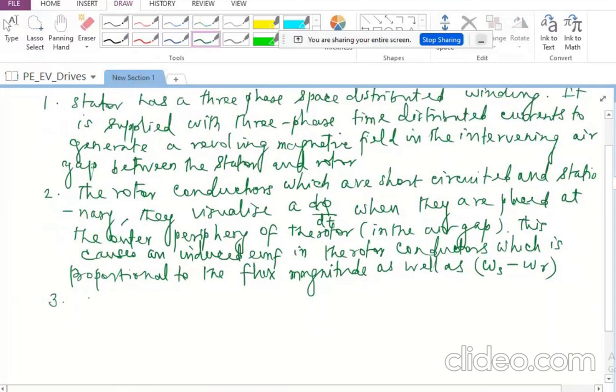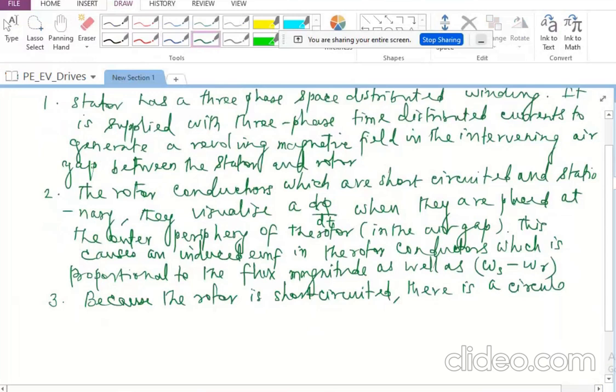Now, because the rotor is short circuited, there is a circulating current. So there is going to be a three-phase circulating current.